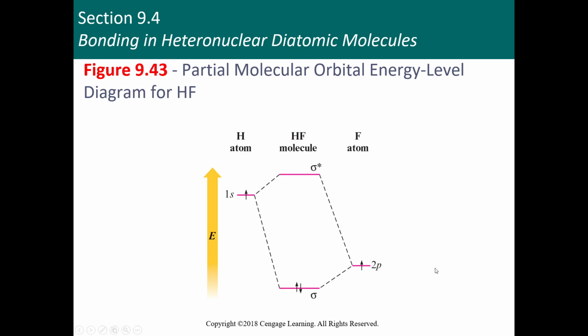Now, in this case, these are going to come together. These right here will be your molecular orbitals. Again, it will be a direct overlap, so we'll have a sigma bonding and a sigma antibonding. Notice we don't need anything else. We don't have to worry about anything else. Nothing else is going to be involved in this bonding, because all we need is a single overlap making a single bond.